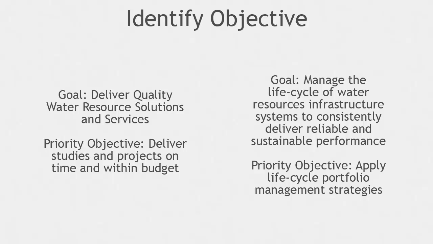Imagine a second goal is to manage the life cycle of water resources infrastructure systems to consistently deliver reliable and sustainable performance. And the primary objective of this goal is to apply life cycle portfolio management strategies. Enterprise risk management requires the prior identification of the entity's strategic goals.